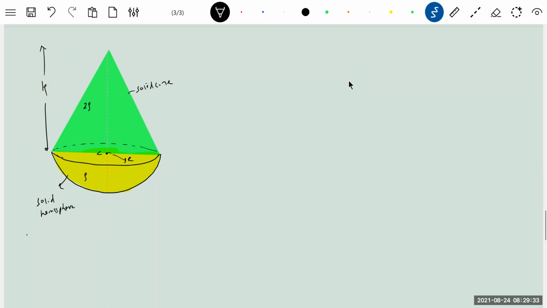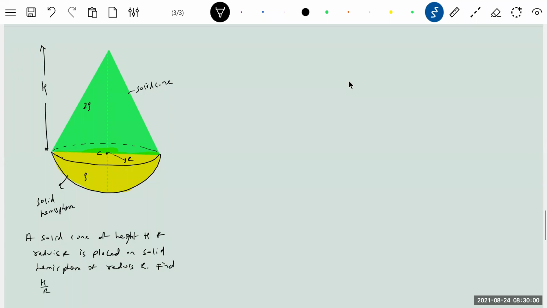So you will get a solid cone placed on a solid hemisphere of radius r.